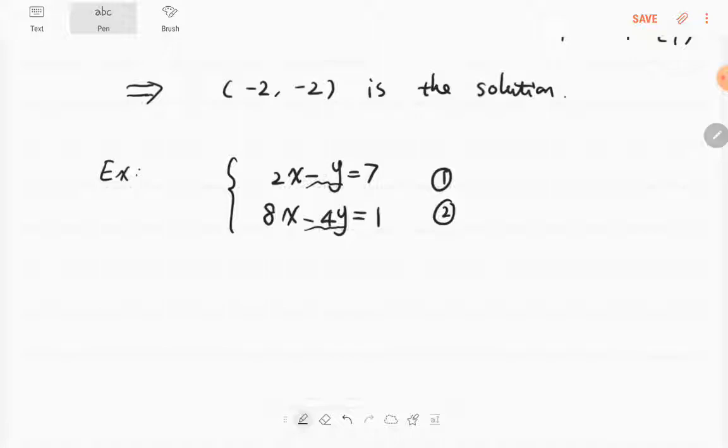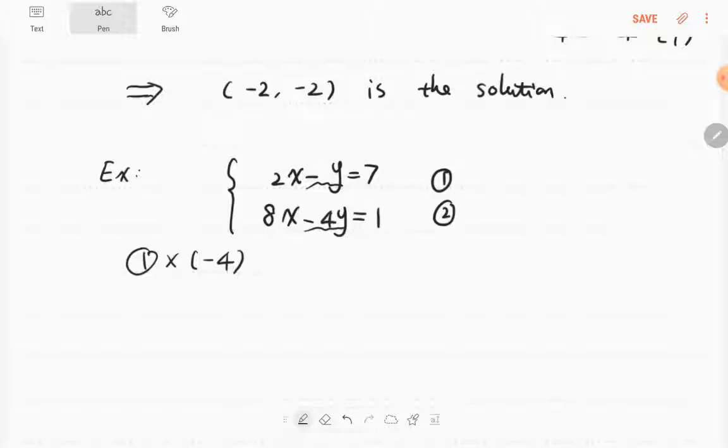So we want to make -1 to be +4. What should we do? Actually, we only need to multiply by -4. So -1 multiplied by -4, we will get +4. So if we get +4, then we could eliminate the y because the coefficients of the two y's are opposites, right?